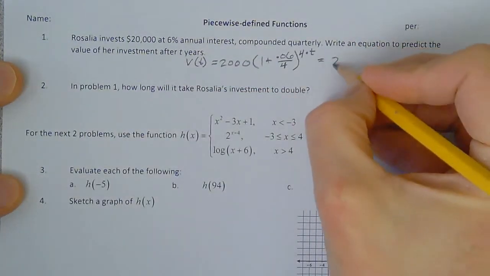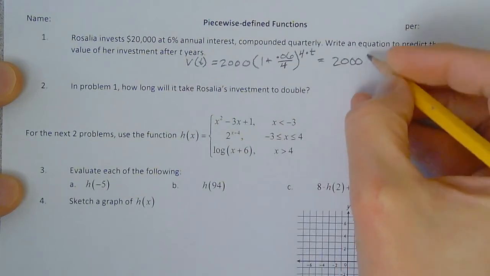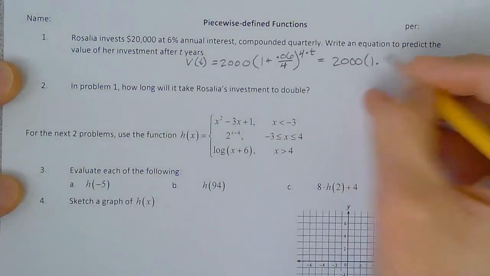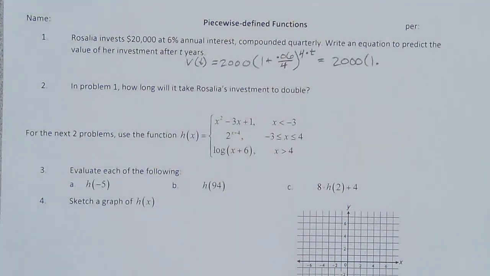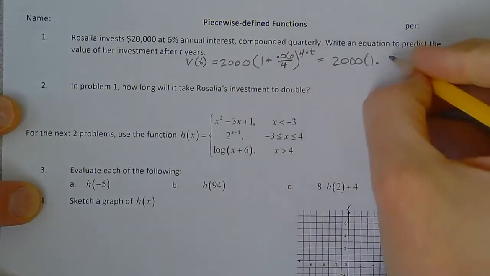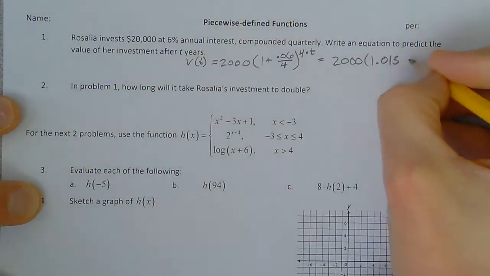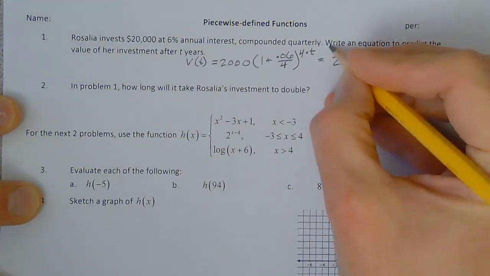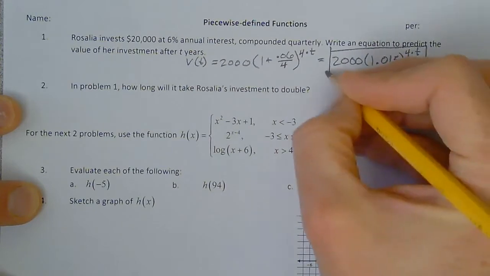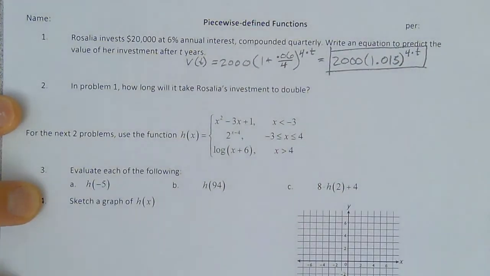We could, of course, simplify that into 1.06 divided by 4. I'm doing this early in the morning. I might have been able to pull that off in my head. 0.015, so 1.5% every 3 months times T. So that looks like the equation we're looking for.